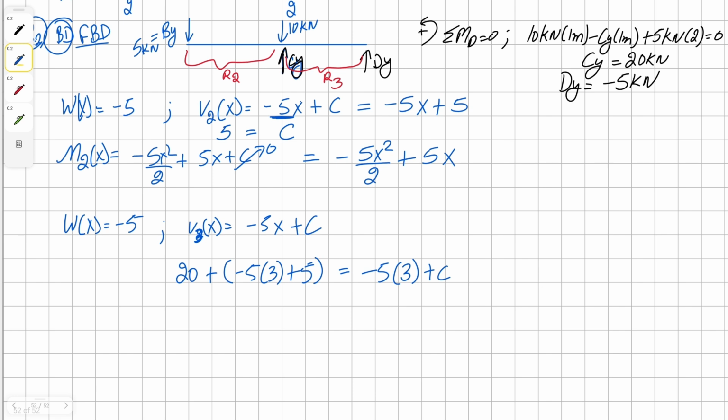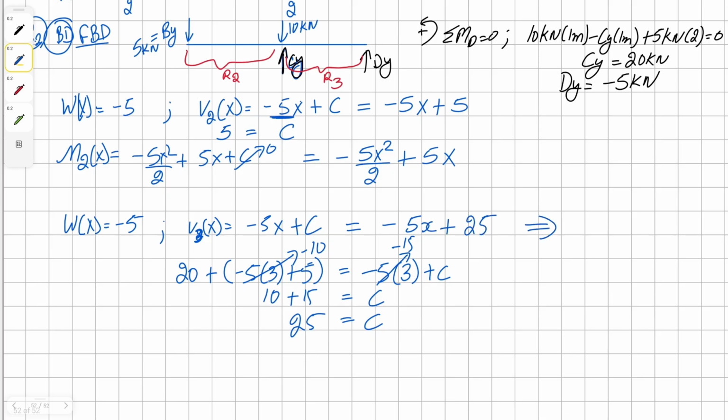We know that this is negative 10. So negative 10 take away 20 is negative 10, and then we have negative 15 on this side. If we add 15 on both sides, we're going to have our C as positive 25 for the shear. So the shear is going to be negative 5x plus 25.